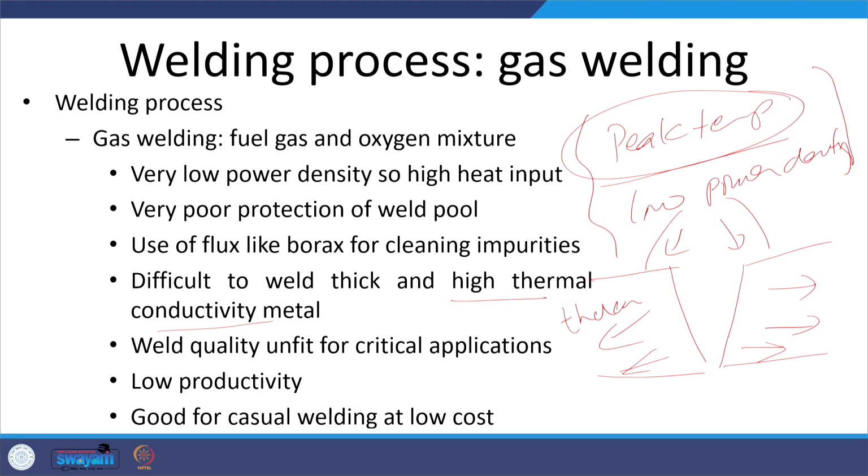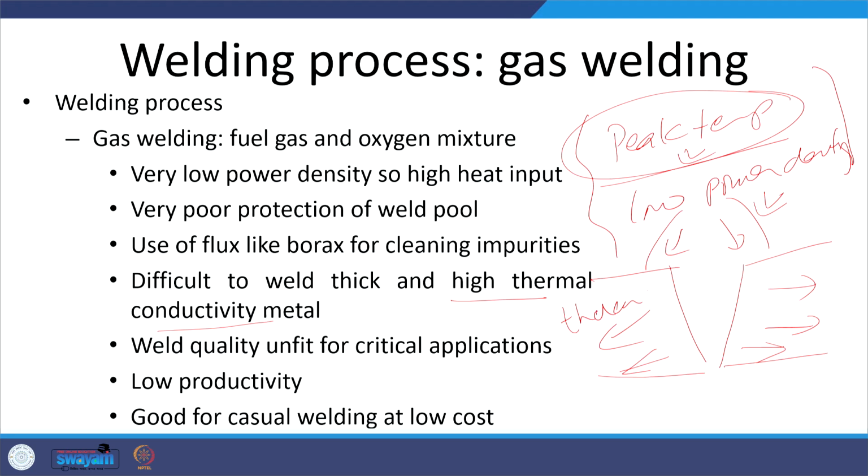But this is significantly lesser than what we get in arc welding, where the minimum is 6000, and it can go up to 30,000 for plasma arc welding. For laser it can be even higher. The point here is that the maximum temperature attained in gas welding is less, and the power density associated with gas welding is also low.